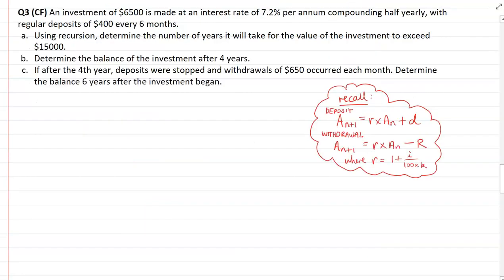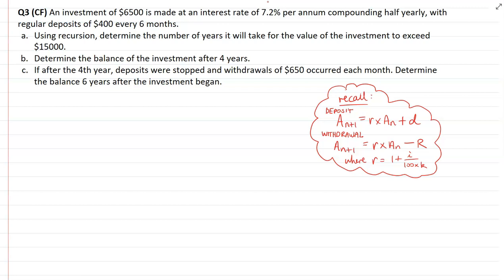So far, we've only considered examples of that deposit phase. This next one's looking at involving firstly a deposit phase and then afterwards a withdrawal phase. So let's read through it. An investment of $6,500 is made at an interest rate of 7.2% per annum, compounding half yearly, with regular deposits of $400 every 6 months.